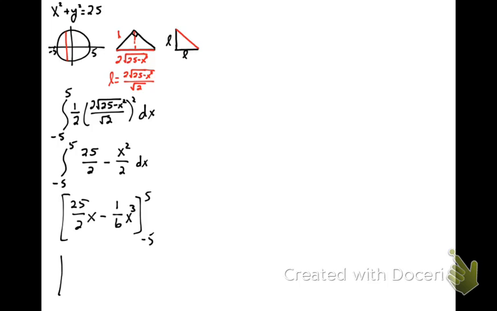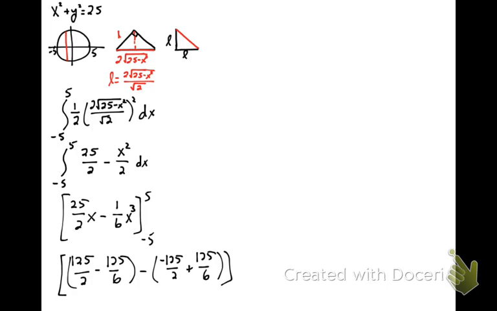Substituting in 5, what will that be? That'll be 125 over 2 minus 125 over 6. Now I just need to substitute in -5. So it'll be -125 over 2 plus 125 over 6.